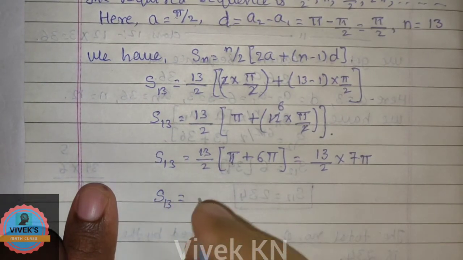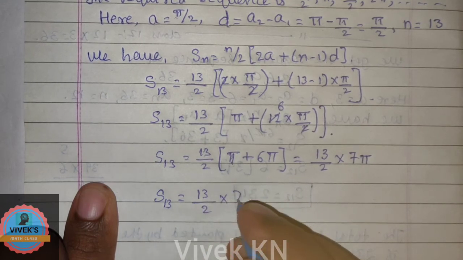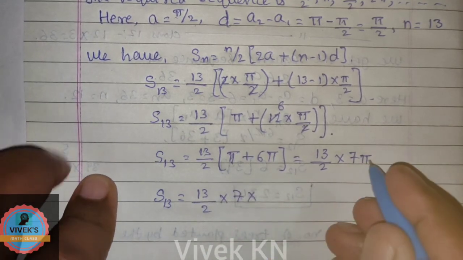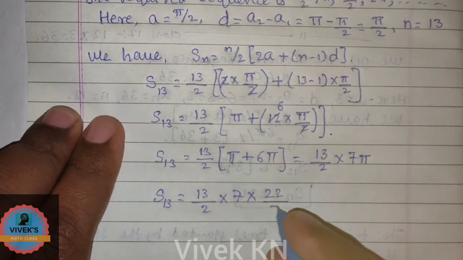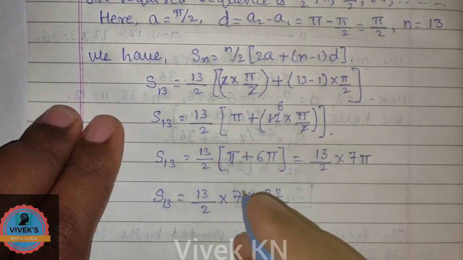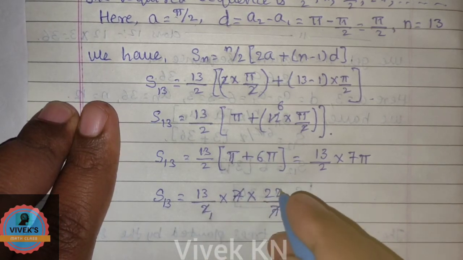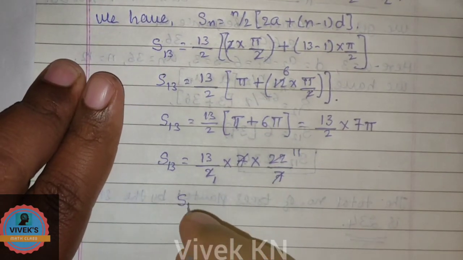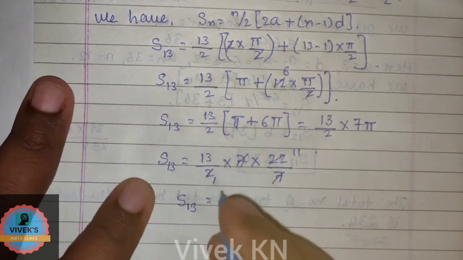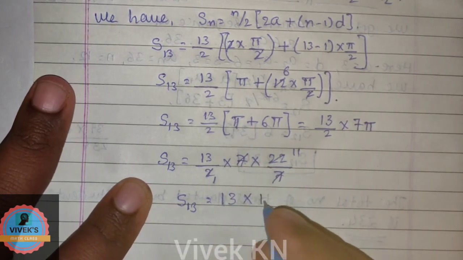That is S13 is equal to 13 by 2 into 7 into the value of pi, which is 22 by 7. Here 7 gets cancelled, and 22 by 2 is 11, and the remaining term is S13 is equal to 13 multiplied by 11.